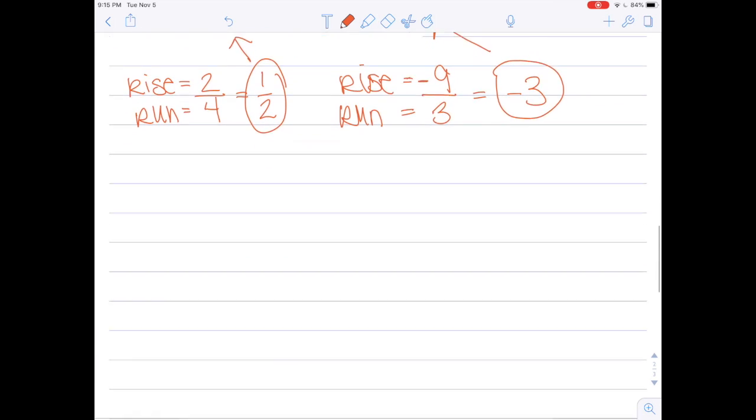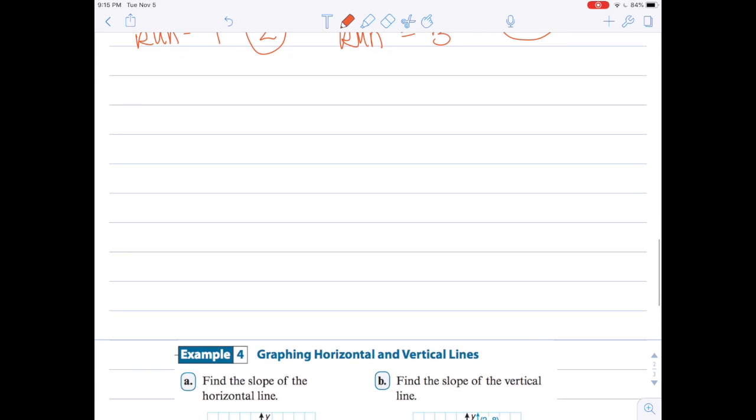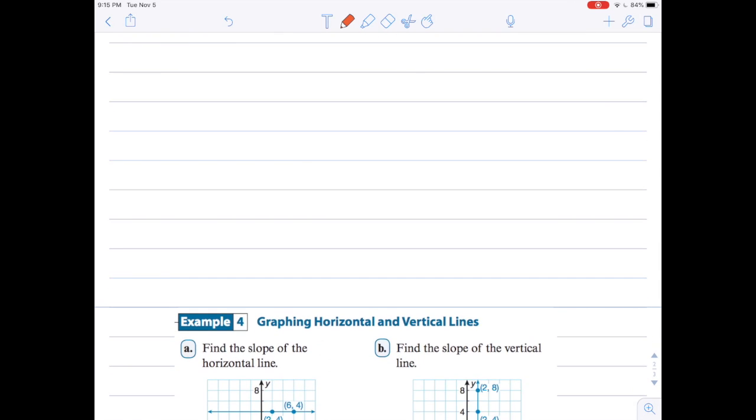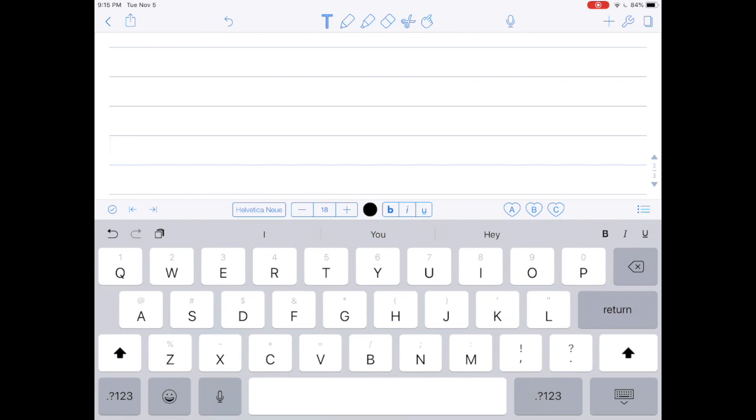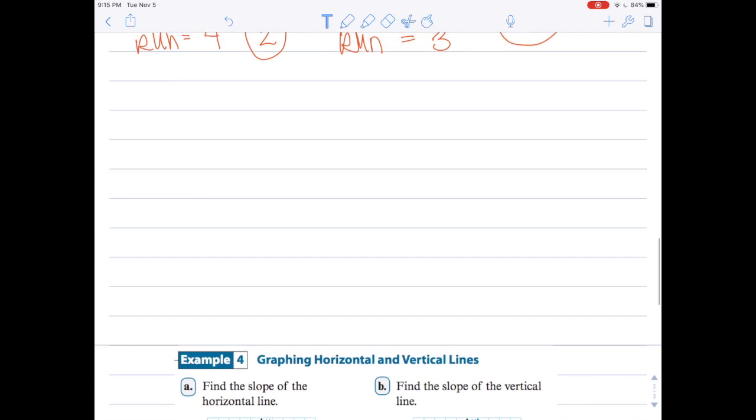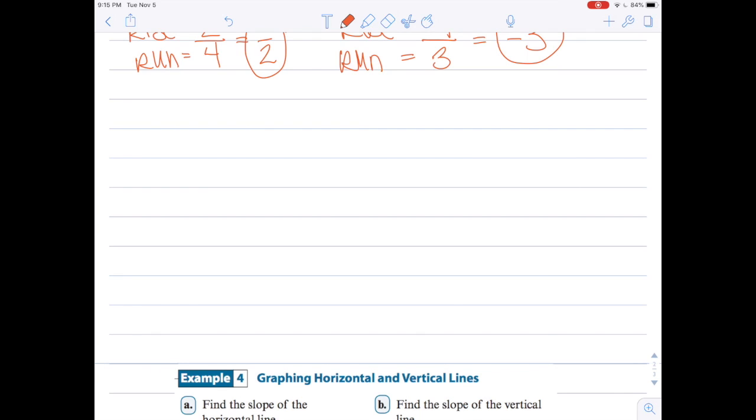Okay, there are a couple of special cases in slope. So let's take a look at those. These would be horizontal and vertical lines. So, a horizontal line runs left and right. So it never goes up, so it never has a rise.